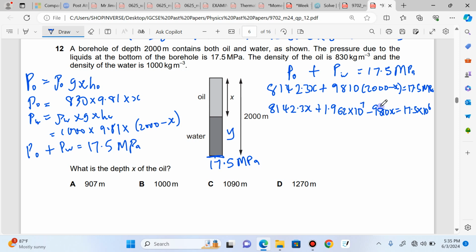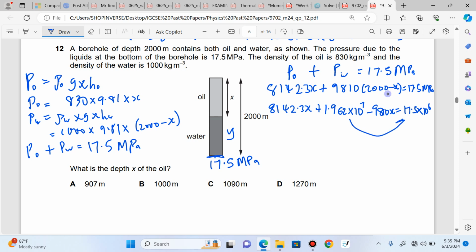Now, what's the next thing here? I want to collect like terms. I'll bring this x here. I'll get a negative answer, but it's fine.